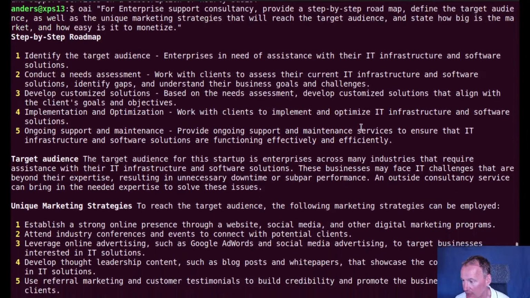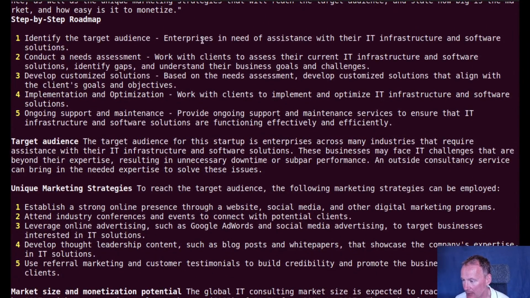So, starting from scratch, the roadmap. Identify target market, enterprise need assistance in their IT infrastructure and software solutions. Conduct assessment, work with clients and assess their current IT infrastructure and software solutions. Customize solution. Oh, I think this roadmap isn't really connected to support.